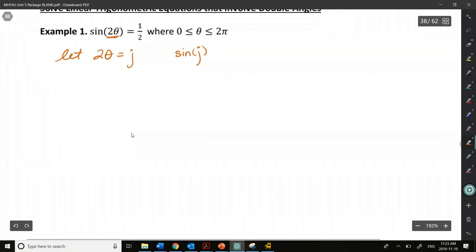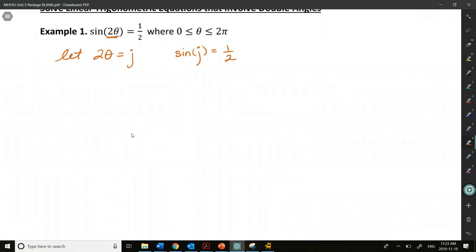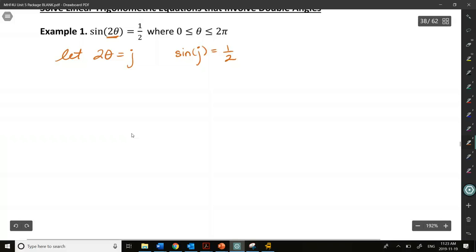Okay. So the sine of some value is equal to a half. You guys know how to solve something like this, right? This is all of what we did yesterday with our linear trig equations. We're going to go through the decision process. Okay? So my first decision I want to make is, can I use a graph to solve this?